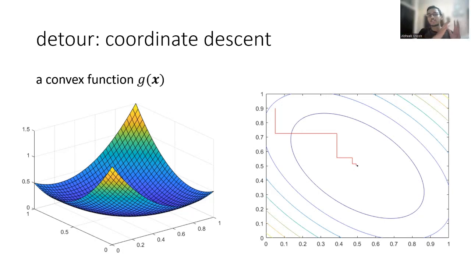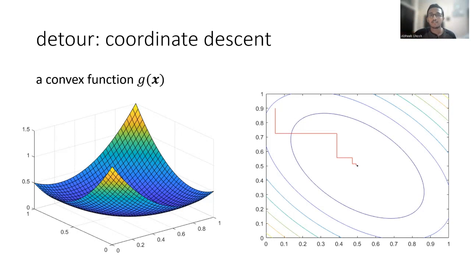So even in this restricted hyperplane, g is convex, and in that convex hyperplane, we are optimizing. We are getting the minimum value, so we are decreasing the function g, and we repeat this process. If we repeat this process for all coordinates, then we will minimize the function g.